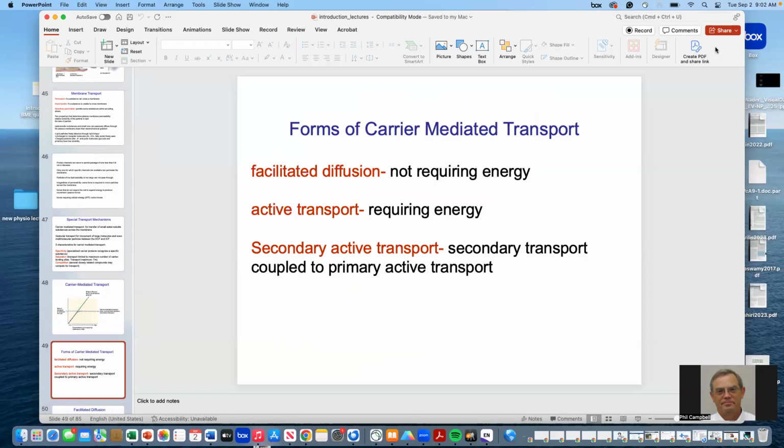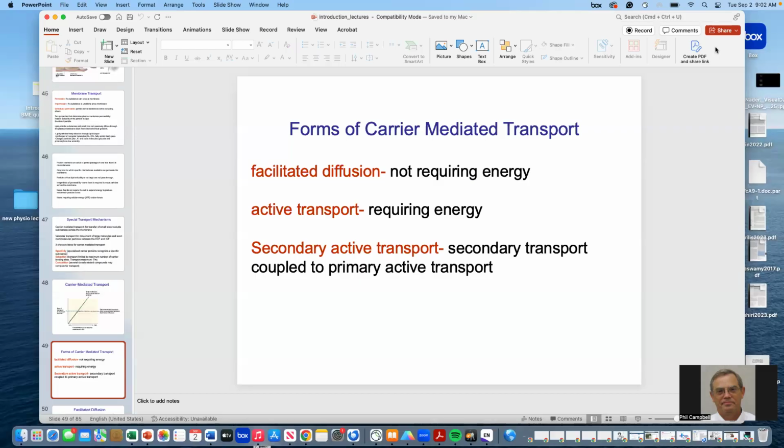Now, for this carrier-mediated transport, in addition, I want to talk about how we can divide it again into whether it requires energy for transport or not. So the first one is facilitated diffusion.